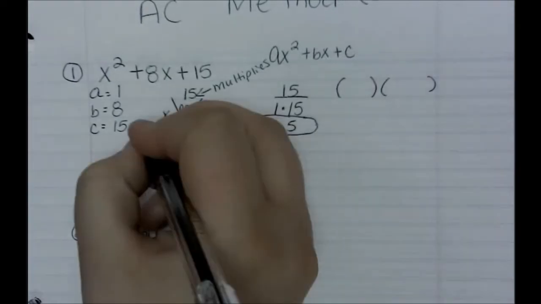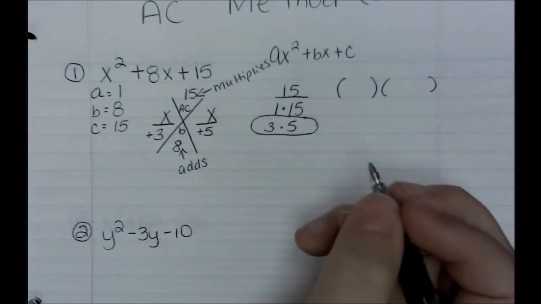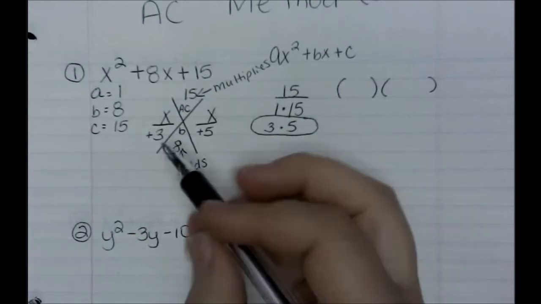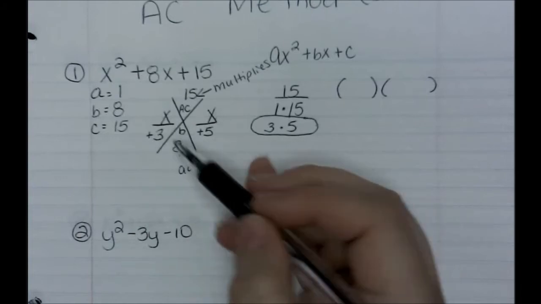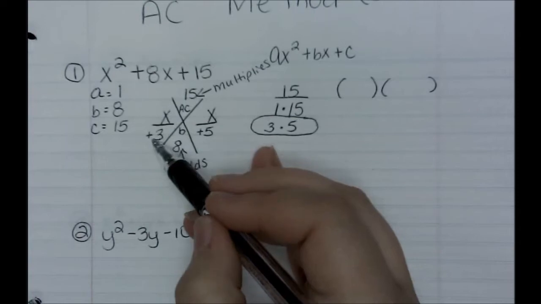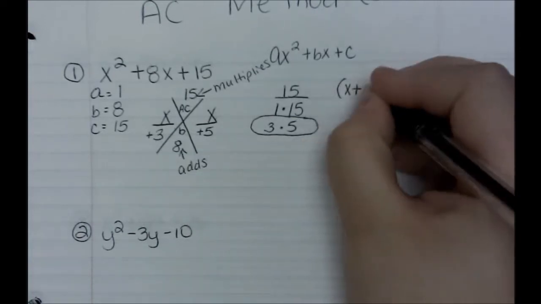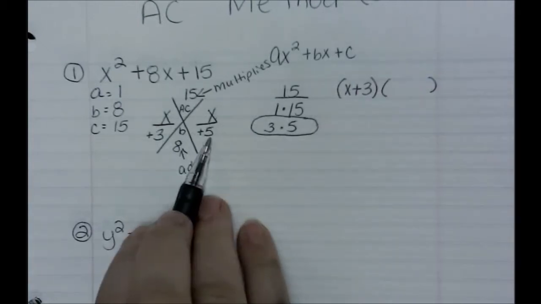So this is understood to be a positive 3 and this is a positive 5. We just normally don't write the plus sign. So I'm going to read this from top to bottom without worrying about that division sign. So that's x plus 3 and then x plus 5.